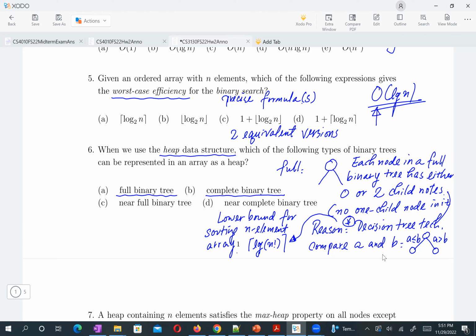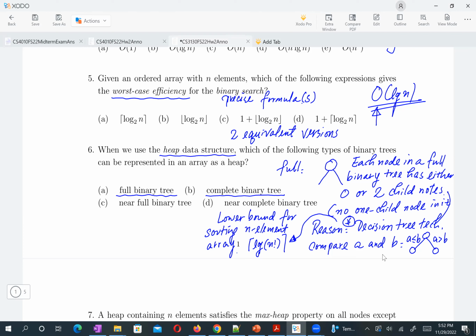Then you just go back to our question here for a heap data structure. So do we use the full binary tree, or complete or near complete? Here I put a near full binary tree. We know near complete, so we do not require completing the whole tree.